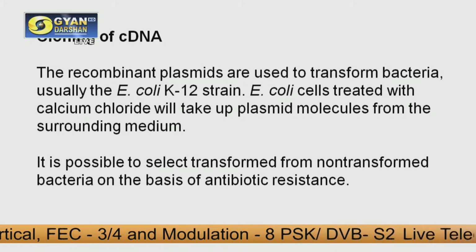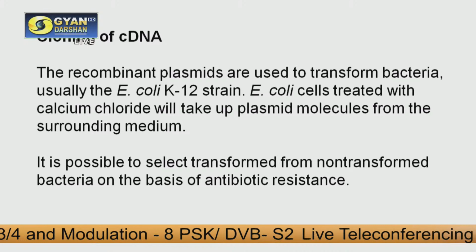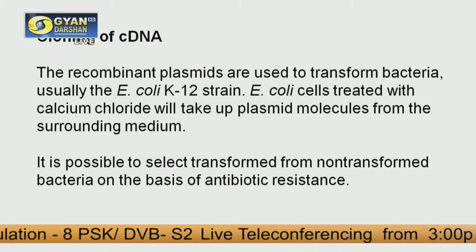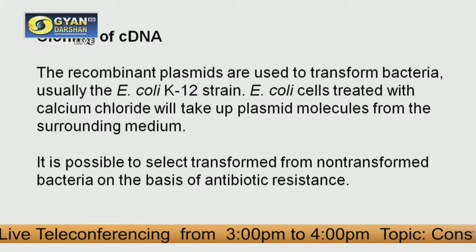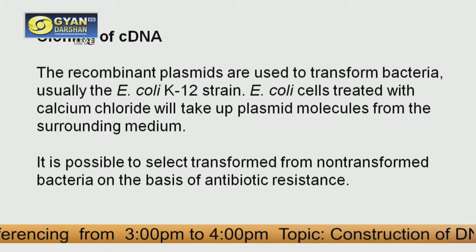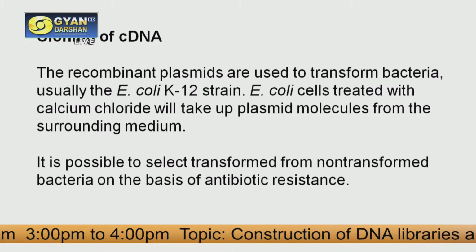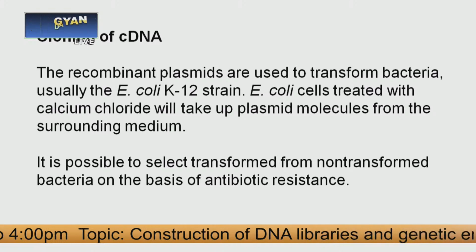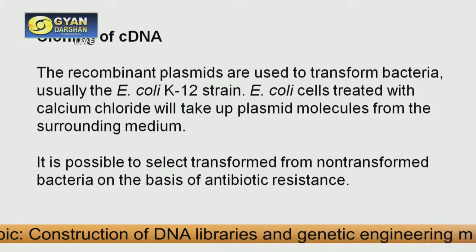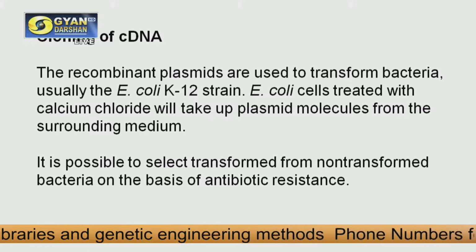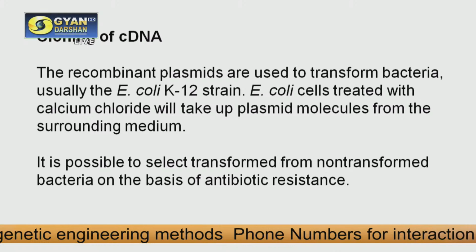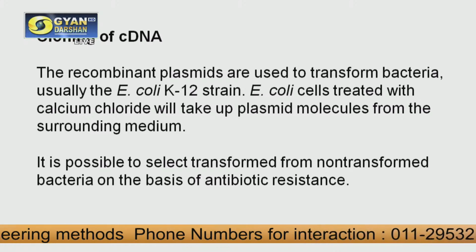I hope all of you know what is meant by recombinant plasmid. This has been discussed already. And then you go for the selection. That is, you select the transformed bacteria on antibiotic medium, because you are using plasmids in this case. The plasmid will have a certain antibiotic resistance gene, and you can add that antibiotic in the medium and you can go for the selection.